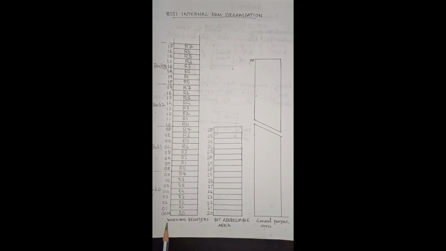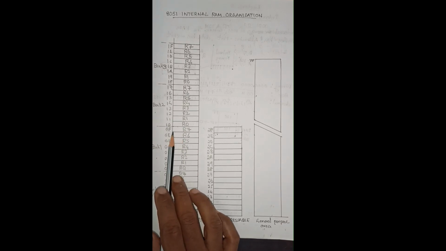So in byte addressable area, each house has an address. This house has an address 00H. This house has an address 0EH. But the person inside the house does not have an address.